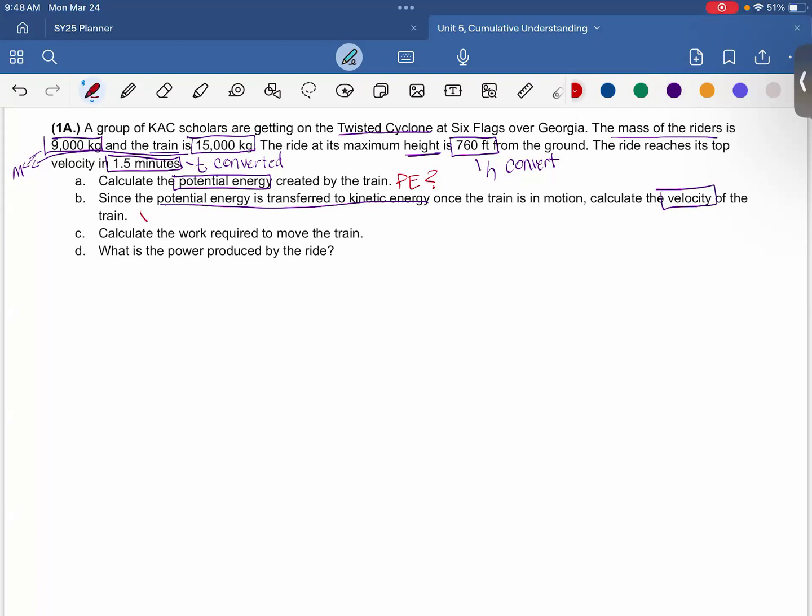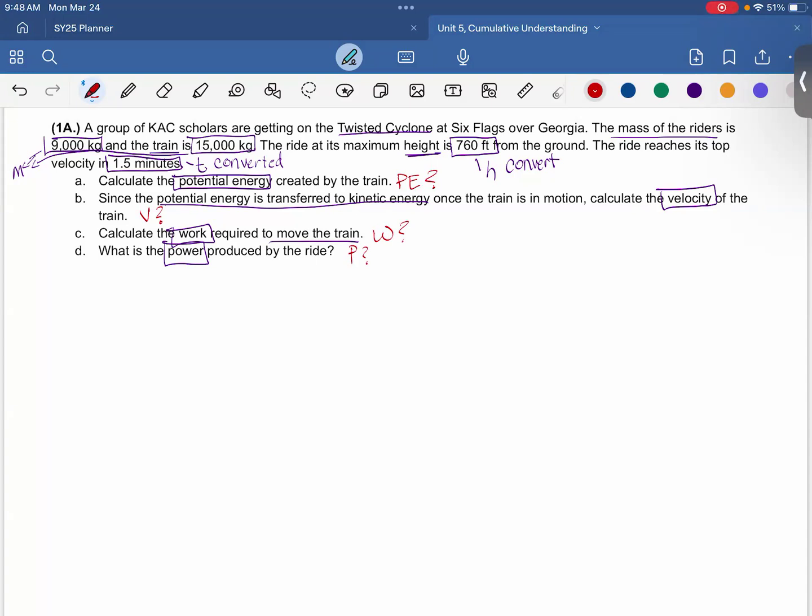So here it's asking us to find velocity. Then the next one is to calculate the work required to move the train. So this is asking us to solve for work. And then finally, what is the power produced by the rider? Thus, it's asking us to find power.